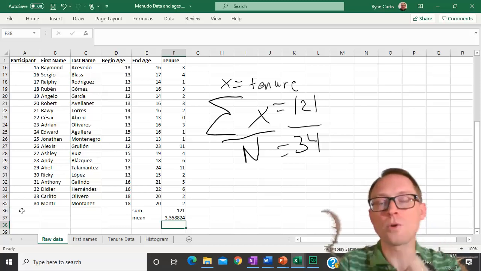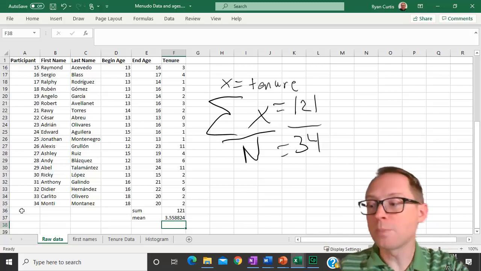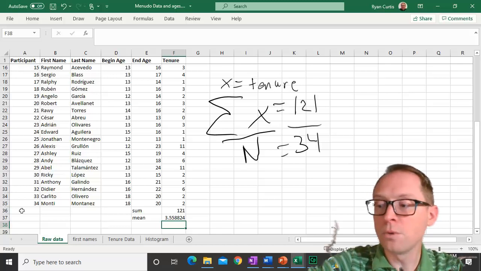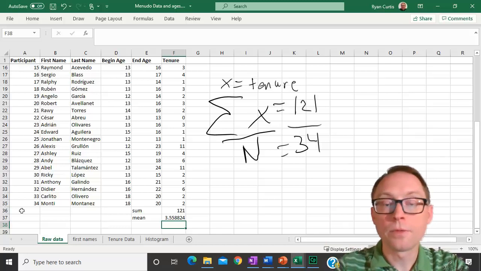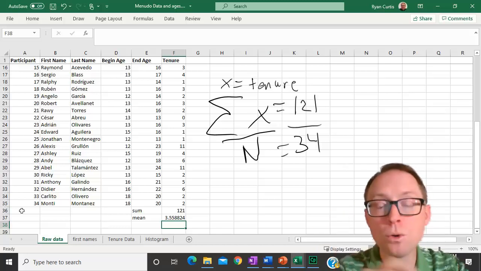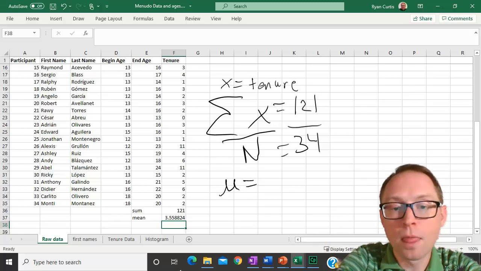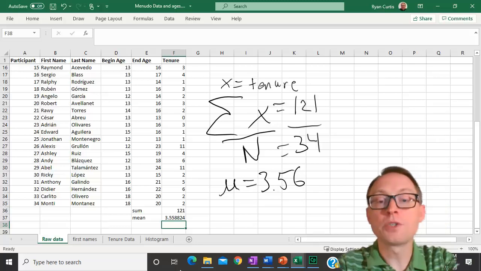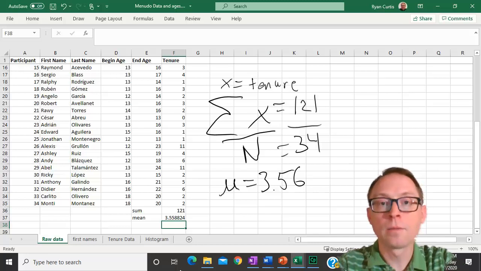So here's a question for you. Is this X bar or mu? This is mu. This right here, 3.56, is mu. Why? Because mu is the mean for the entire population.